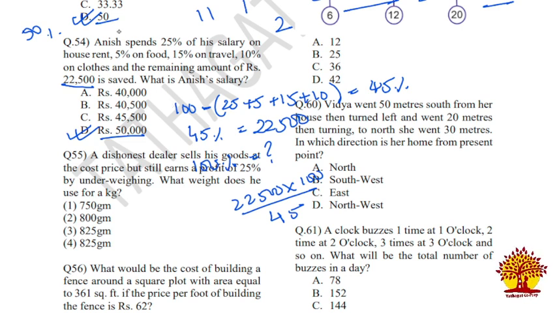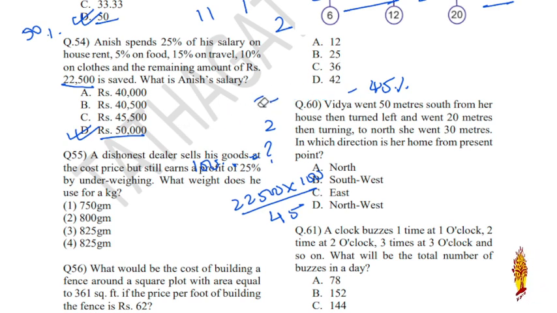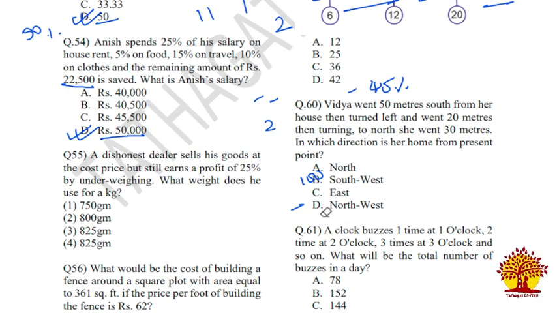Next, 55th question. A dishonest dealer sells his goods at the cost price, but earns a profit of 25% by underweighing.